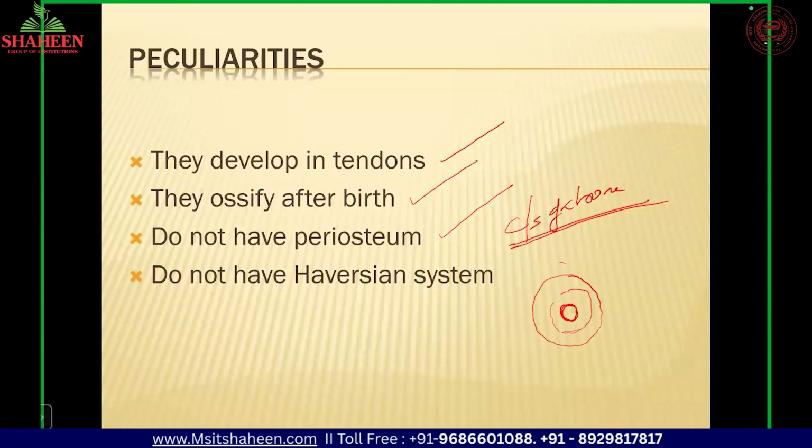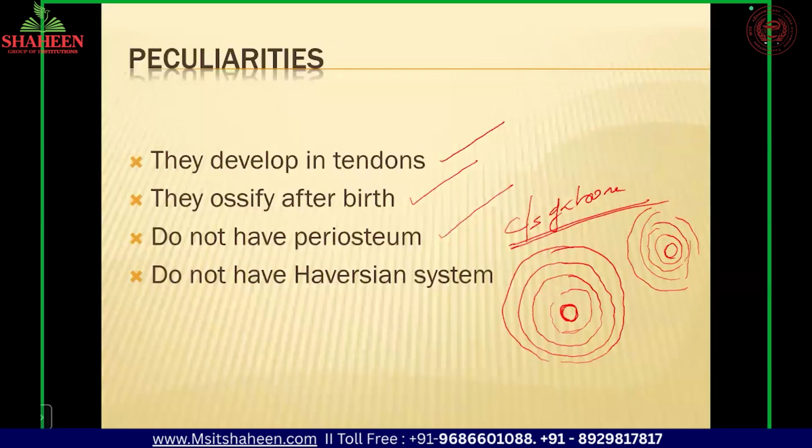circular lamellae. Here you will get a canal and many lamellae around the Haversian canal. What is the function of the Haversian canal? Through the Haversian canal, the blood vessels pass, and it helps with the nutrition of your bone.